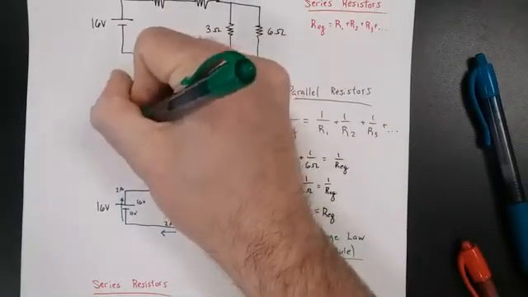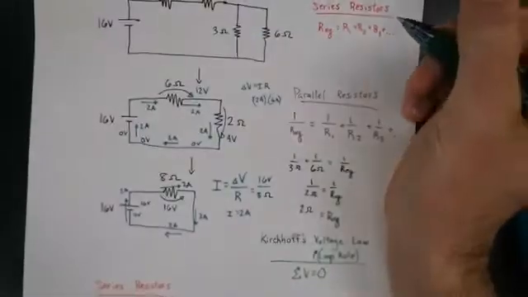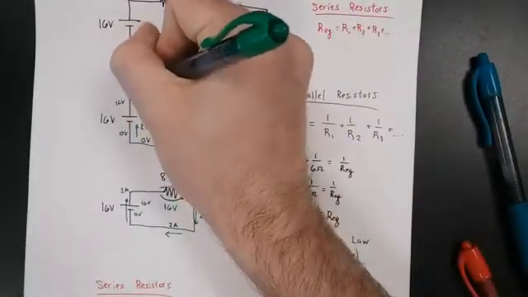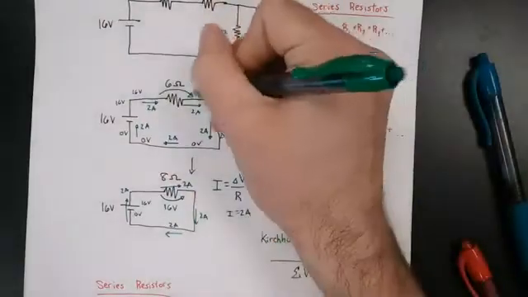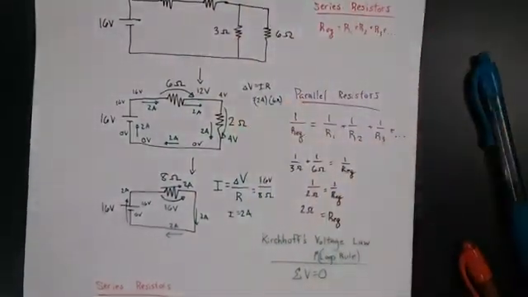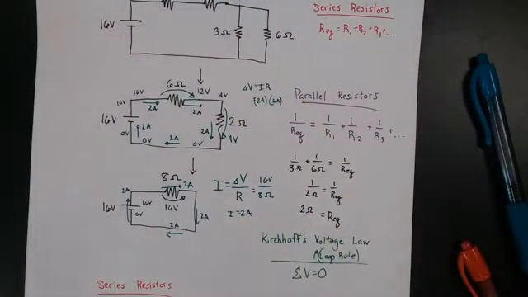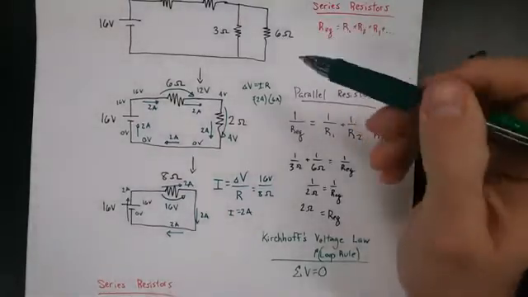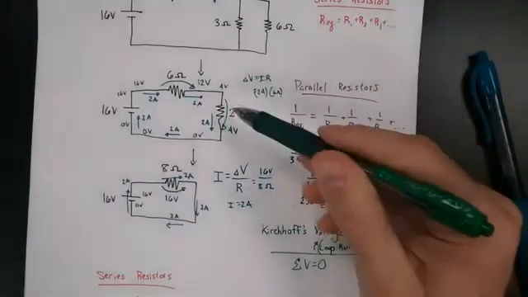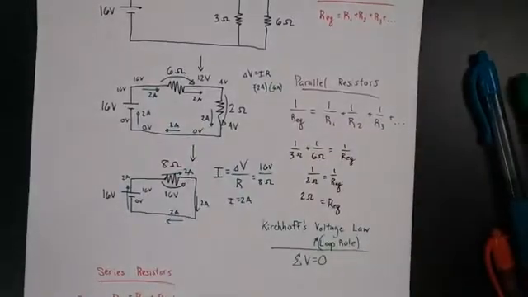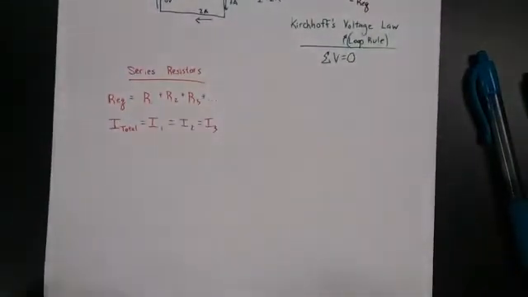Because the potential here is 0 volts, 0 volts, 0 volts. And the potential here is 16 volts, 16 volts. And the potential here is 4 volts, because we dropped that 12. So that is the voltage law and the current law in action, and Ohm's law.